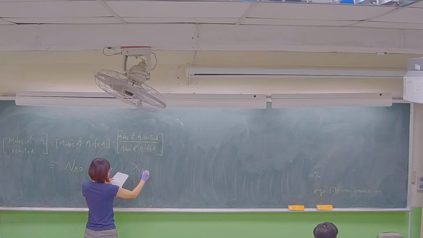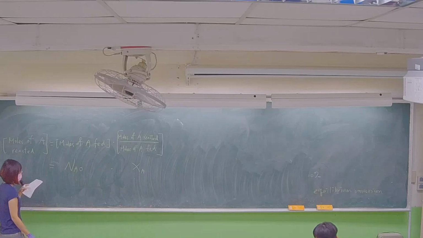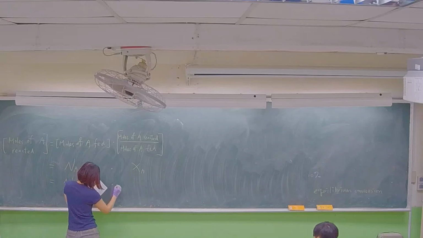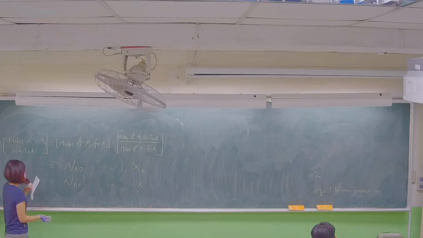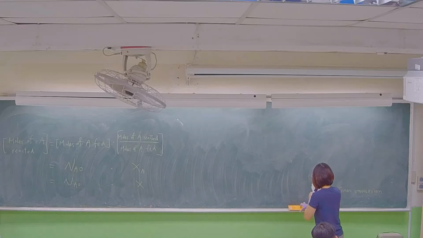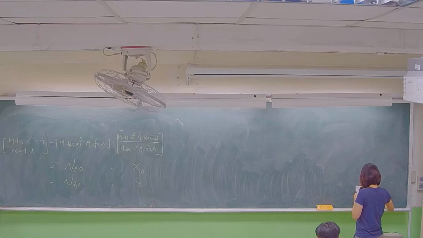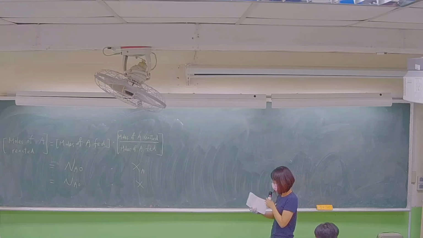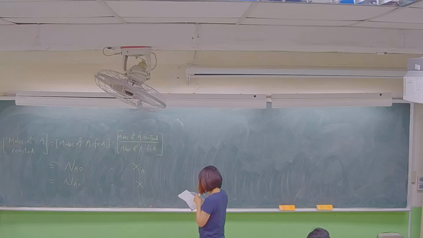This term is a conversion of A. Okay, so moles of A reacted is equal to Na0 times Xa. Or you can just write X. It is okay. But Xa is more specific.